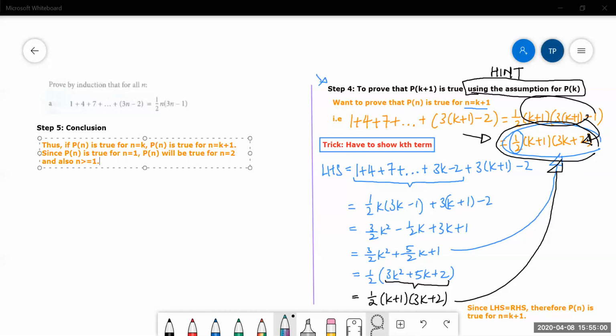Full stop. Therefore, by mathematical induction, P(n) is true for n greater or equal to 1. Full stop.